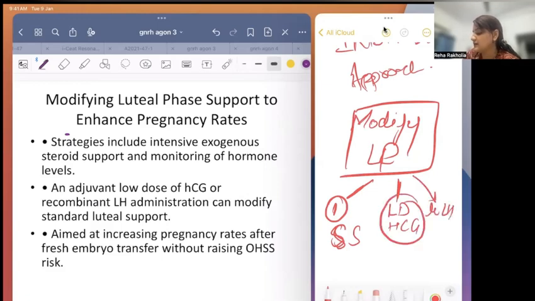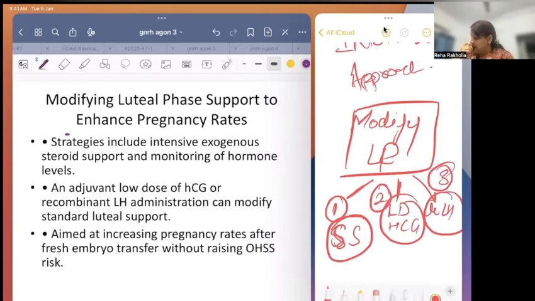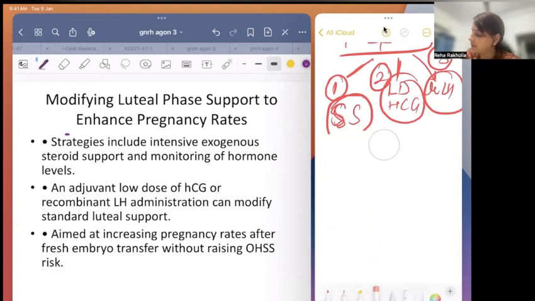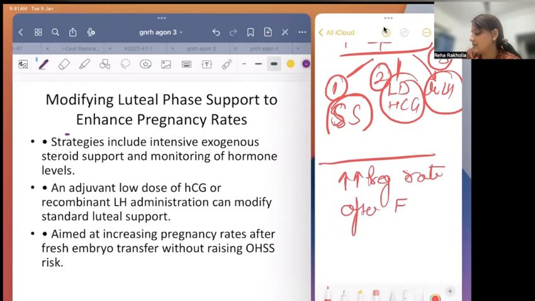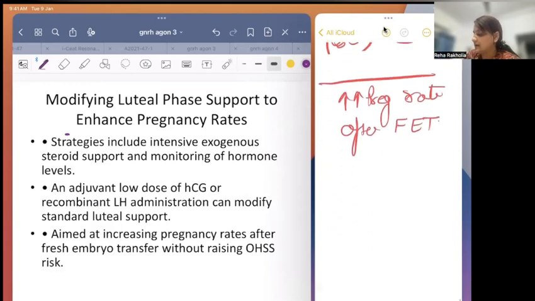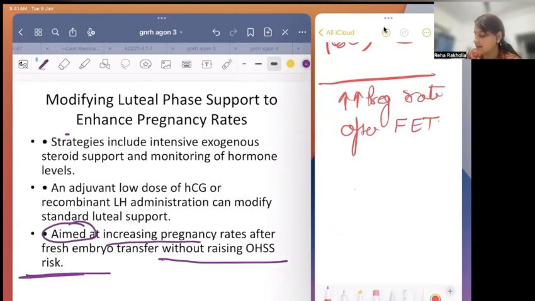Okay, three things we can do. This will increase the pregnancy rate after FET, frozen embryo transfer, without raising OHSS risk, aimed at increasing pregnancy without raising OHSS risk.